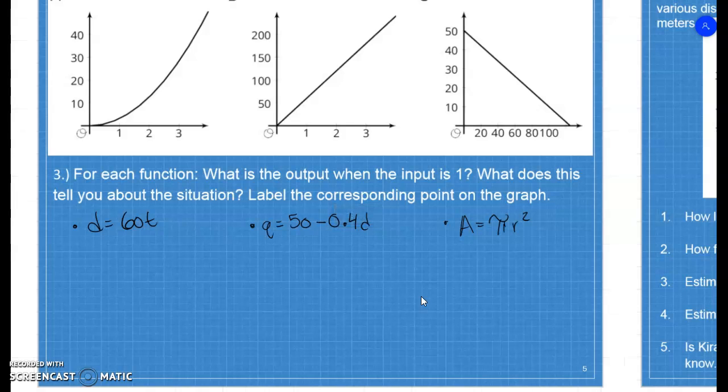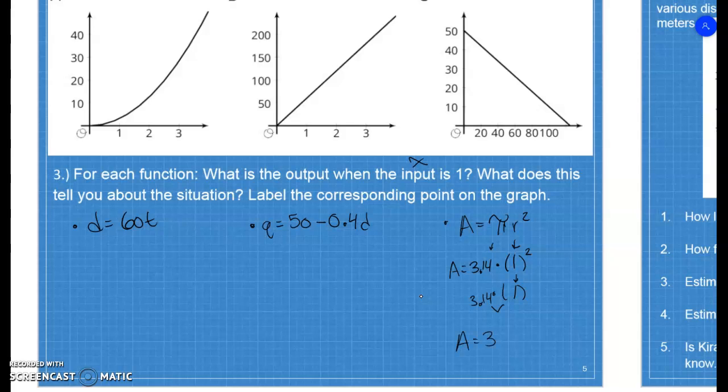So if I have an input, input is always the x value. Always, whatever you're going to put into the equation. So in this case r, I'm going to put a 1 in, squared, that is going to be our input. Because remember, input is x's, outputs are y's. So again, we have 3.14, and if we multiply those together, what we're going to have is 3.14 times 1.